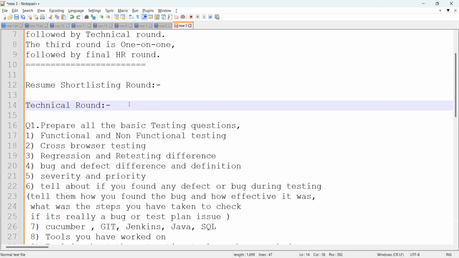Suppose you haven't worked on Jenkins or Cucumber and you have mentioned that you worked on Cucumber, there might be a chance that the interviewer will ask you a question about it. If you get confused explaining those things, it might have a negative impact.